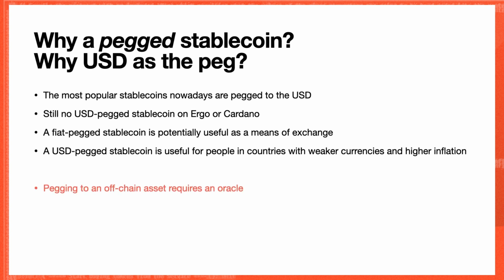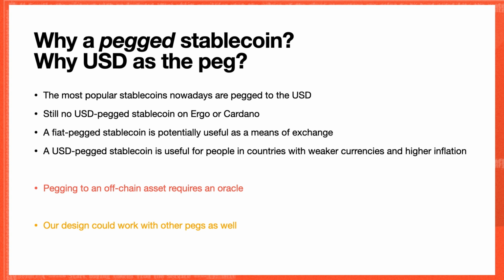Because we chose to have a pegged stablecoin pegged to an off-chain asset, this means that we need an oracle. There are some differences in how we are going to do oracles in Cardano and in Ergo, but that would be a topic for another talk.